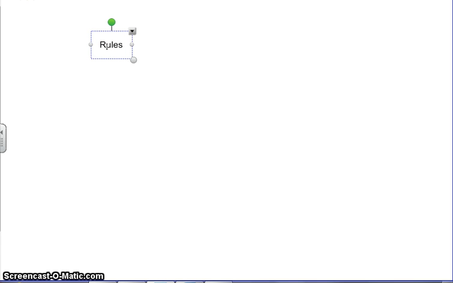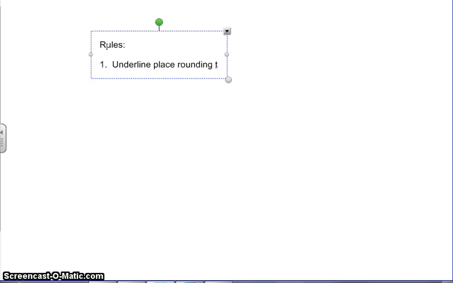So let's go ahead and write our rules down. If you have not figured out our rules yet, first thing you need to do is underline the place you're rounding to. Next, you're going to look at the digit behind.